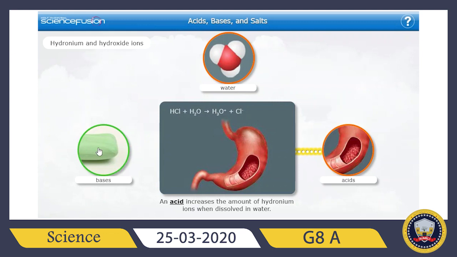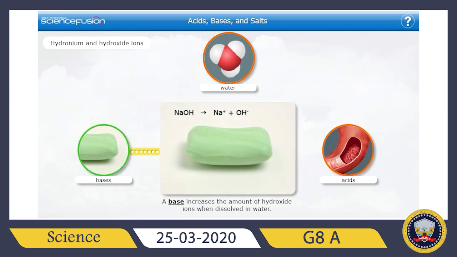On the other hand, a base will increase the amount of hydroxide ions. See, here we have a sodium hydroxide base, and it is showing us how it will dissolve in water. When this sodium hydroxide dissolves in water, it will produce sodium and hydroxide ions.